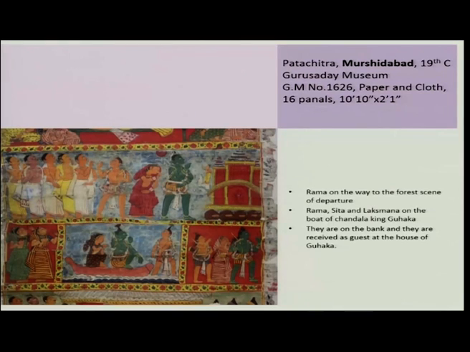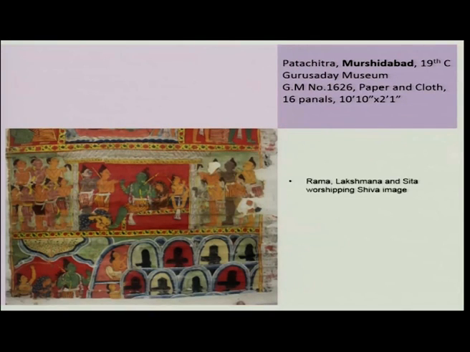Rama, Sita and Lakshmana on the boat of the Chandala king Guhaka. They are on the bank and they are received as guests at the house of Guhaka. Rama, Lakshmana and Sita worshipping a Shiva image, and the scroll ends here.